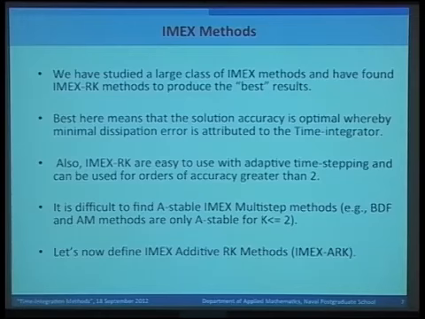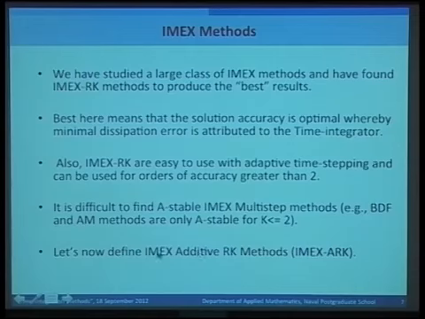The other thing is that, in trying to find A-stable methods, you can't find A-stable multi-step methods beyond order 2. You can see in the BDFs and the Adams methods that they're only A-stable for k less than or equal to 2. With IMEX methods, you can extend that to larger orders of accuracy.